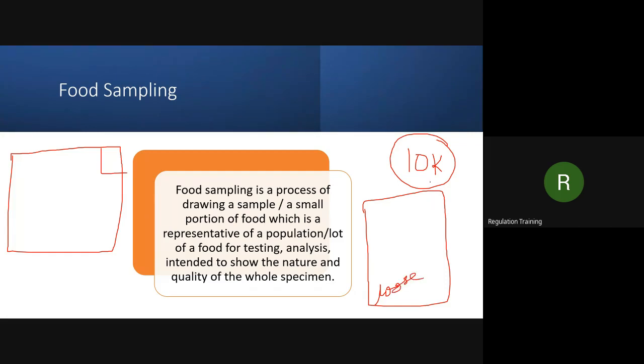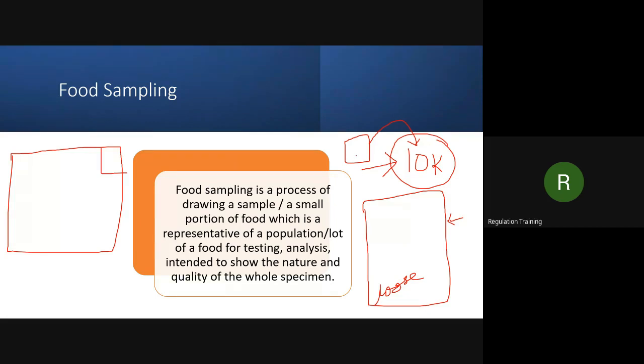So what is a sample? Sample is taking a representative sample. Representative means when you are taking a small portion, it is representing the whole lot. Okay, so it represents the nature of the whole lot. So whether it is packed food or loose food, it represents the nature of the whole lot.